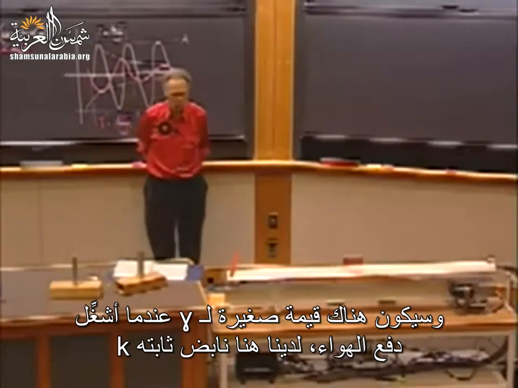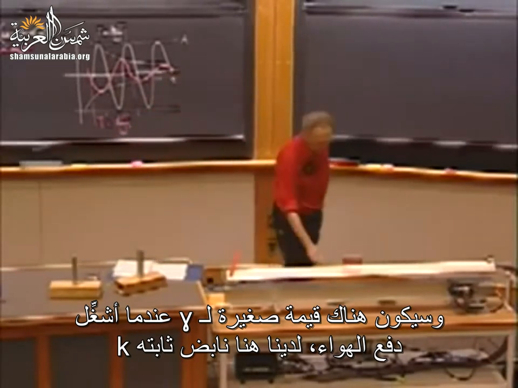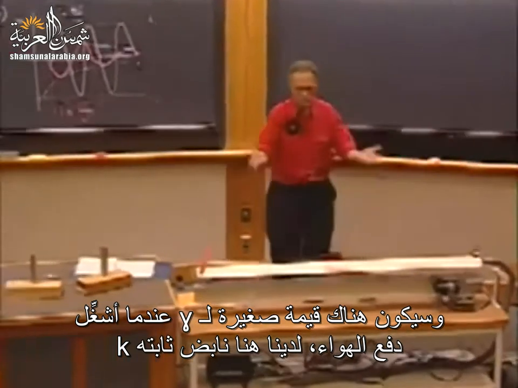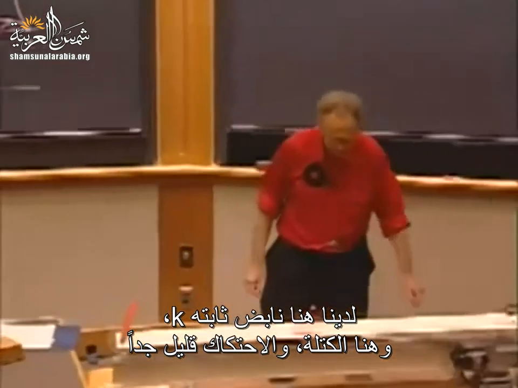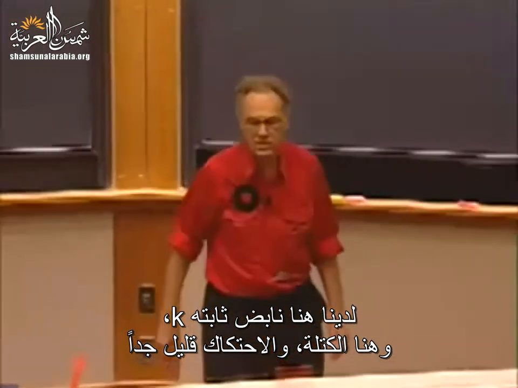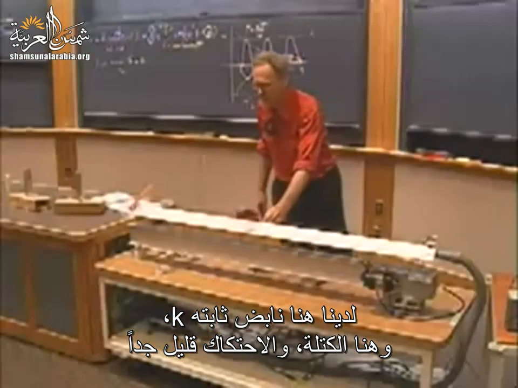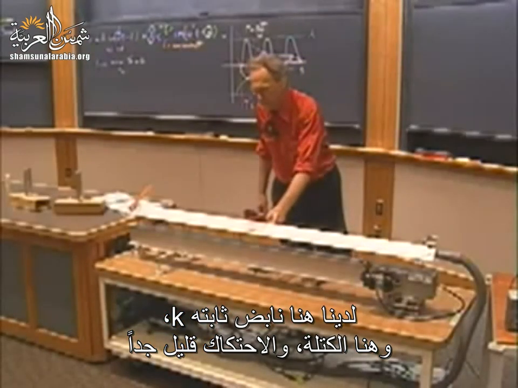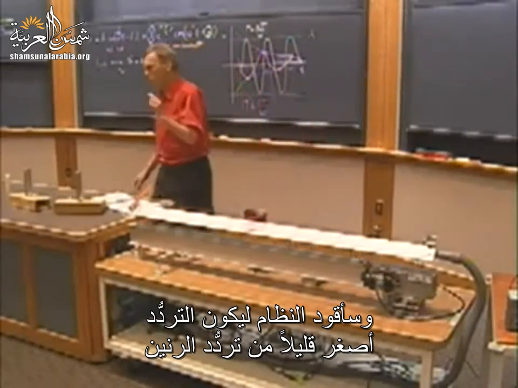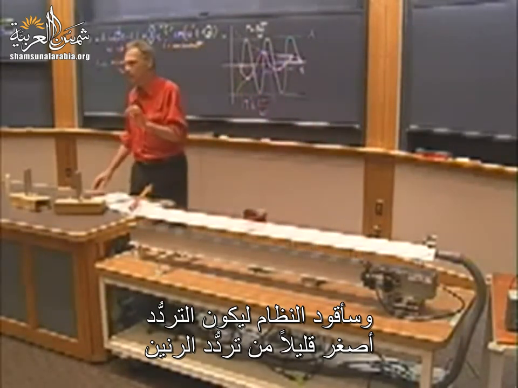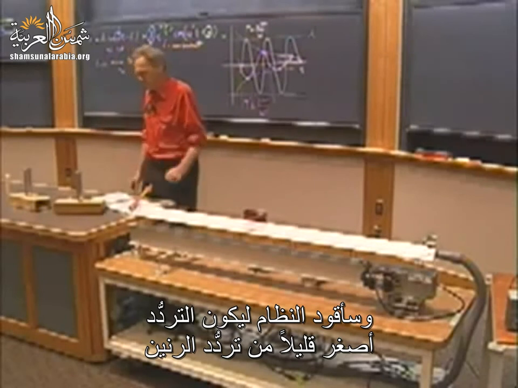A very low value of gamma when I turn on the airflow. So here is a spring constant K, here is one spring constant K, and here is the mass. And there's very little friction. And now I'm going to drive it just a little bit off resonance, a little bit below the resonance frequency.